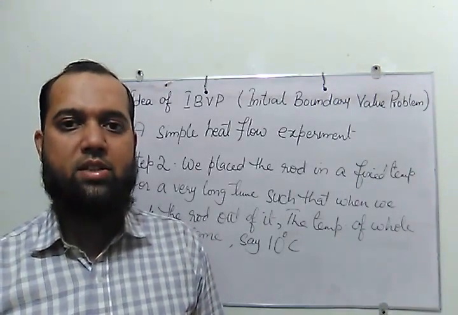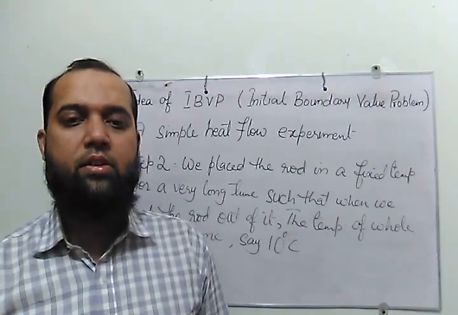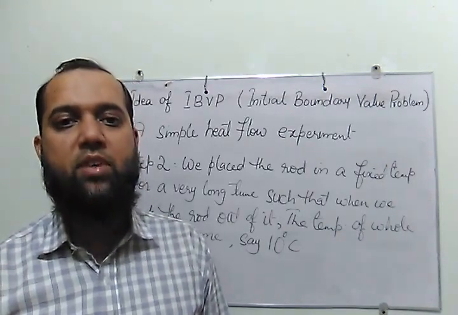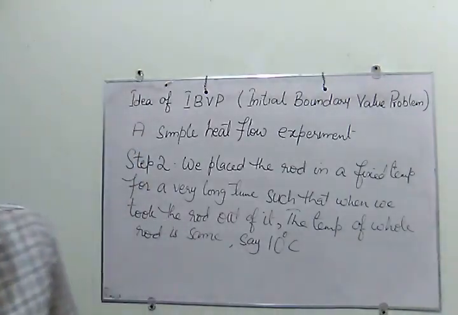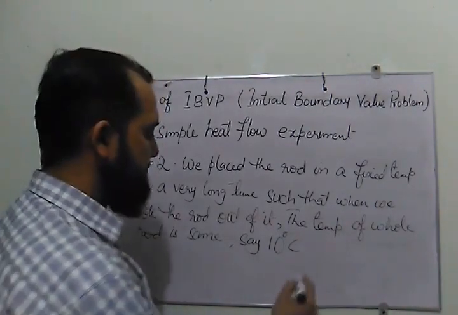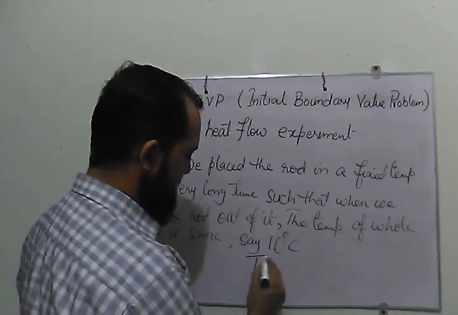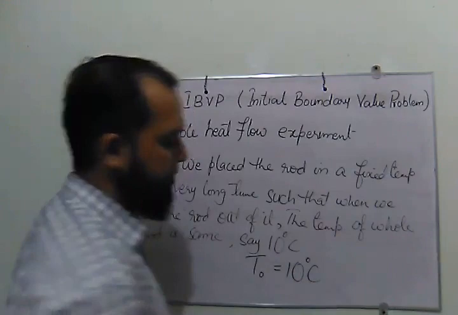The whole rod has the same temperature at every point on it. For simplicity, we take this temperature as 10 degrees centigrade, and we denote this temperature as T naught. So T naught is equal to 10 degrees centigrade.